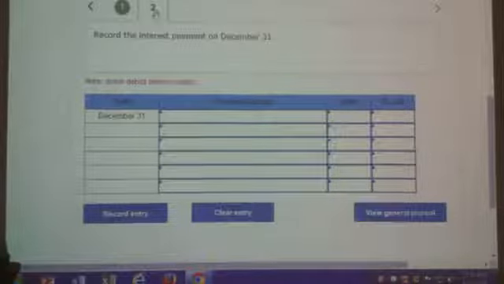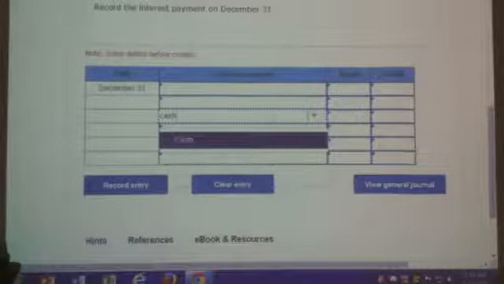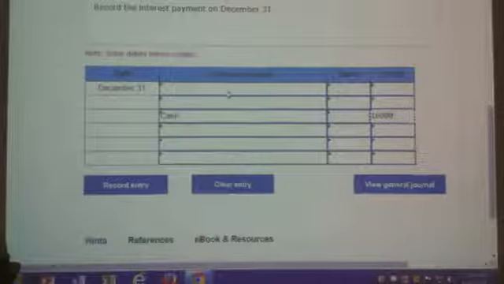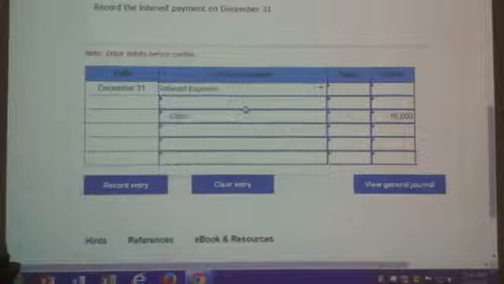And now to record the interest payment on December 31st. The cash amount is equivalent to the face value of 200,000 times 8%, which means a cash payment of $16,000. The interest expense is always calculated by multiplying the book value, in this case the 187,163, times the market interest rate, which is 9%.